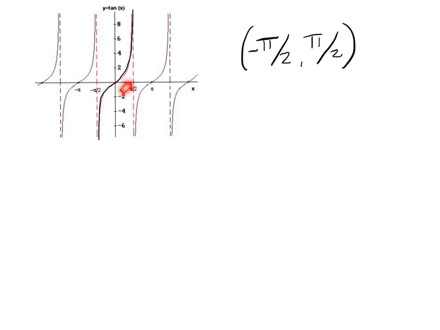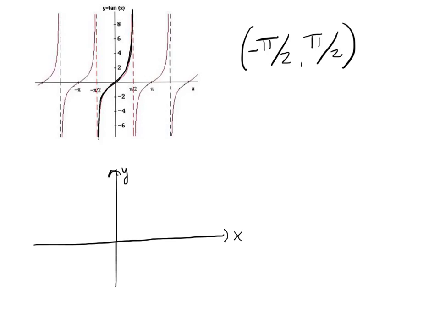So here, to draw the inverse, rather than thinking about switching the points, why don't we think about reflecting this over the line y equals x? So that diagonal line that bisects the first and third quadrant. So if we were to reflect this section here over that diagonal line, we'd end up with inverse tan.